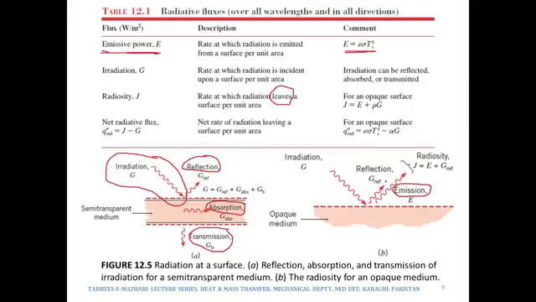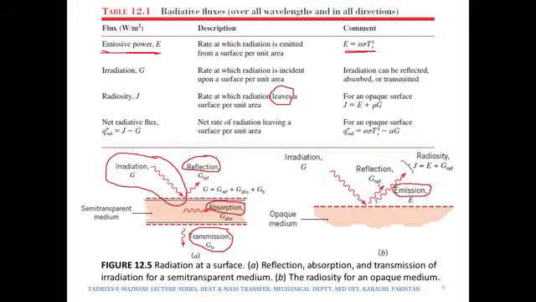So now the sum of the radiation which is leaving a surface would be due to the radiation emitted by the surface and due to the radiation reflected by the surface.